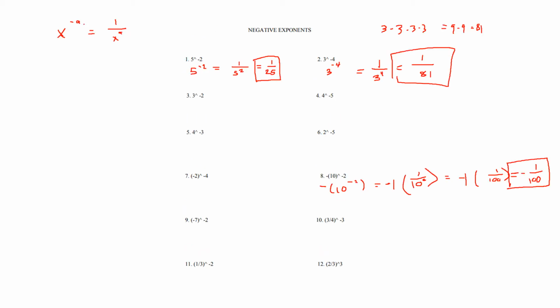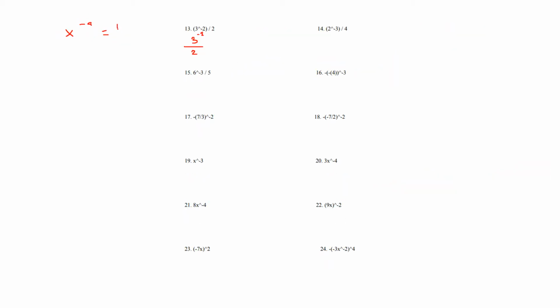So if we go here to the second page, we can do number 13, which is 3 to the power of negative 2, but it's over 2. And if we have x to the power of negative a, as shown before, it's just 1 over x to the power of a.